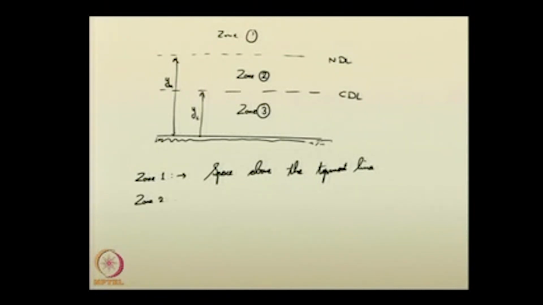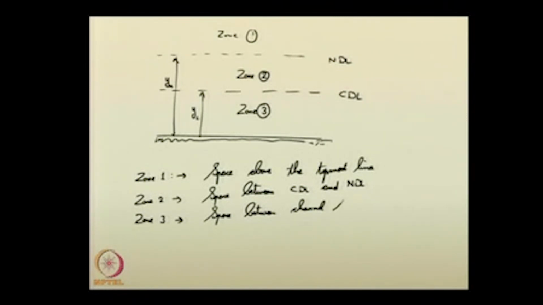Zone 2: space between critical depth line and normal depth line. Zone 3: space between channel bed and lower line.